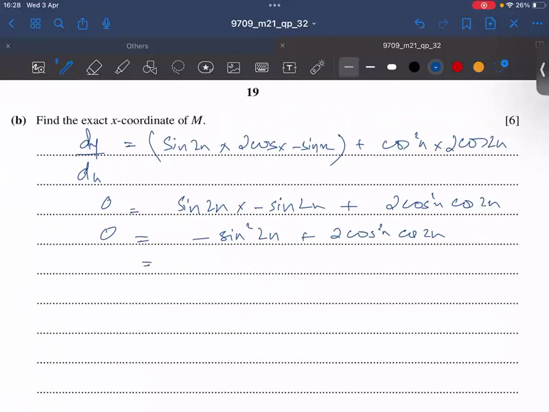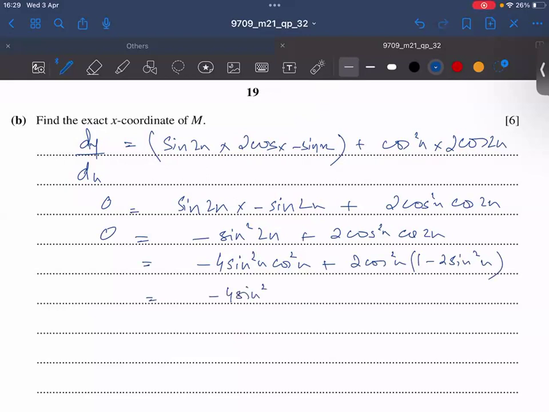Now I can write this as minus 4 sine square x cos square x plus 2 cos square x into 1 minus 2 sine square x.